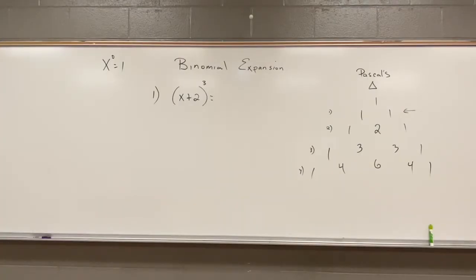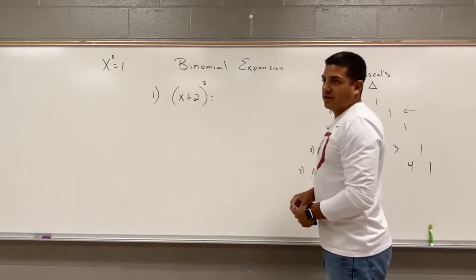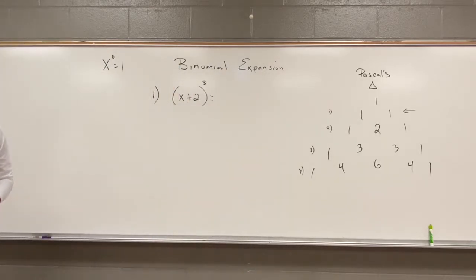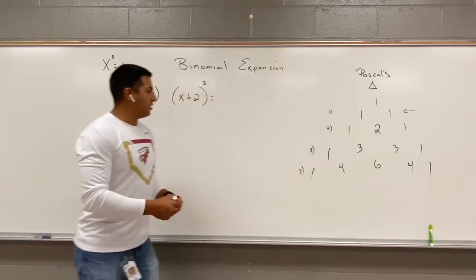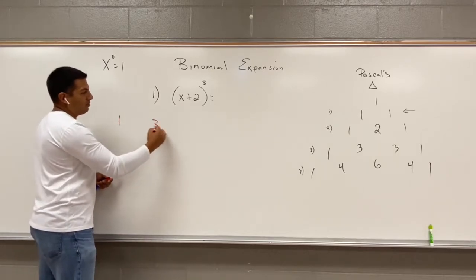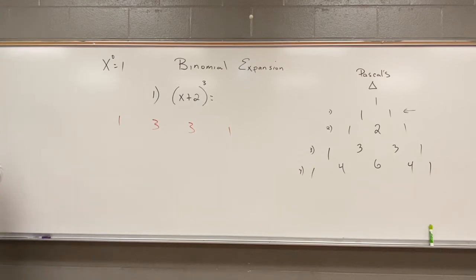All right, so we're looking at expanding this, right? And we said our A was X and our B was positive 2. So since we're using the third power, we have to use this third row here. So we're going to write 1, 3, 3, and 1 again, right? From Pascal's triangle.